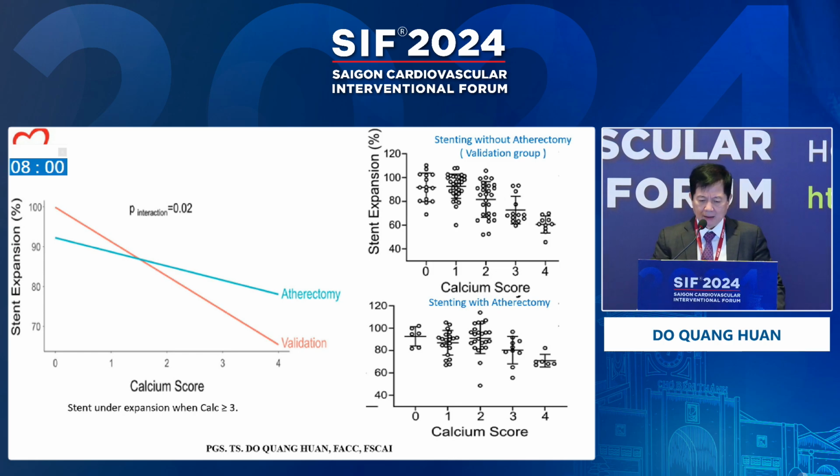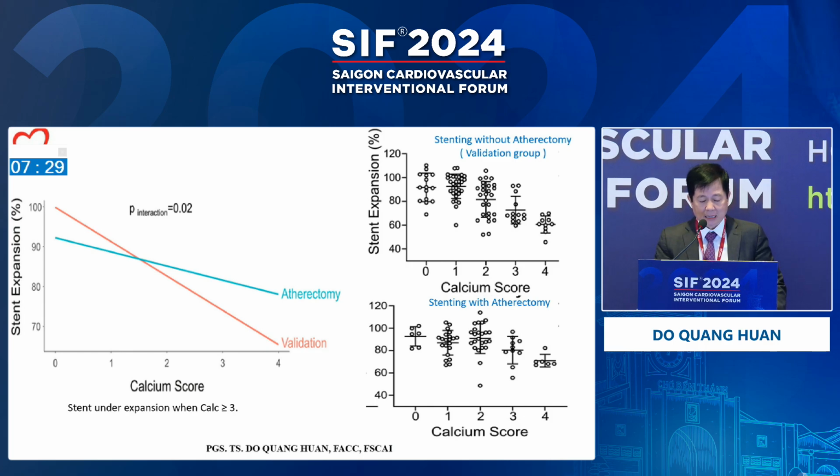We show that if the calcified score is 0 to 2 points, the stent deployment is more than 70%. If the score is 3 or 4, the stent deployment is less than 70%. Therefore, if the calcified lesion scores 3 points or more, we modify the calcified lesion.